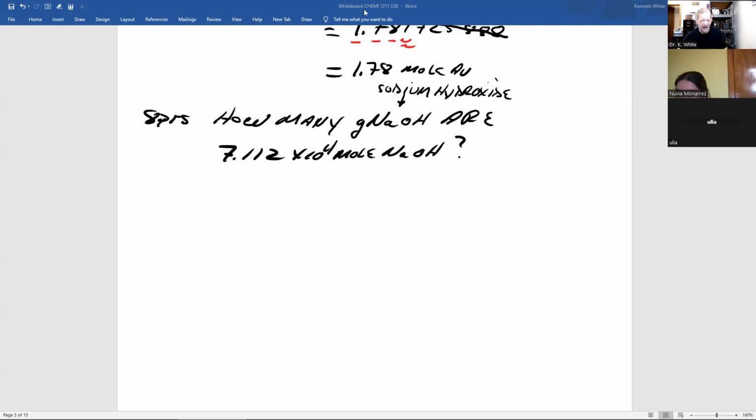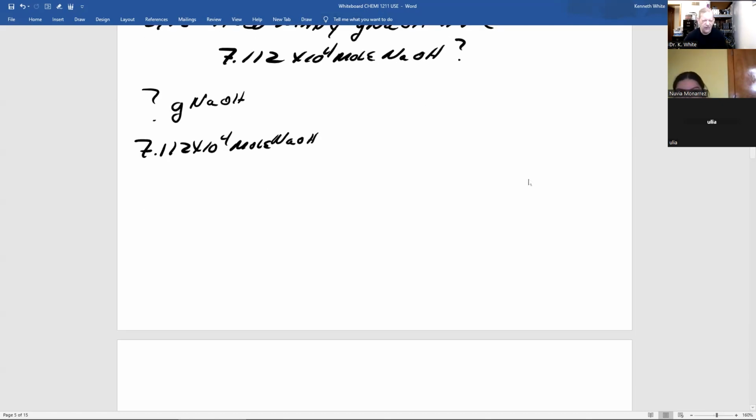We're trying to find how many grams, remember G means grams, of sodium hydroxide. What are we given? 7.112 times 10 to the 4th moles of sodium hydroxide. Now, there's only one thing we have to work with, so we will. This number.